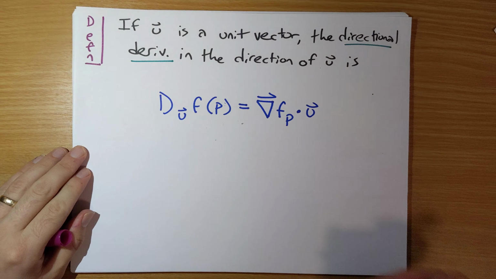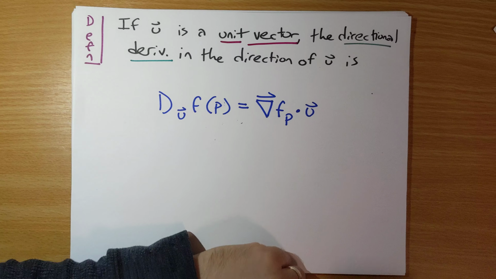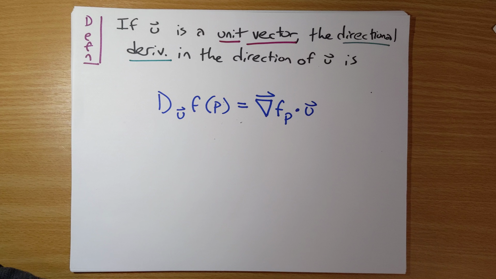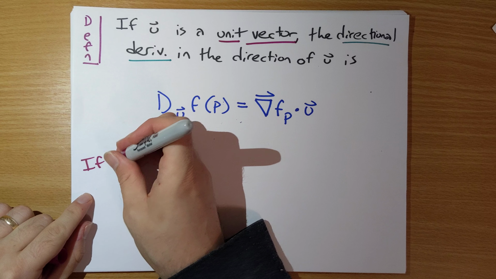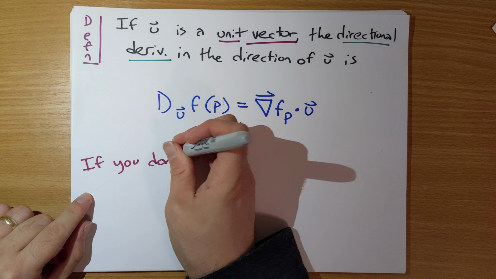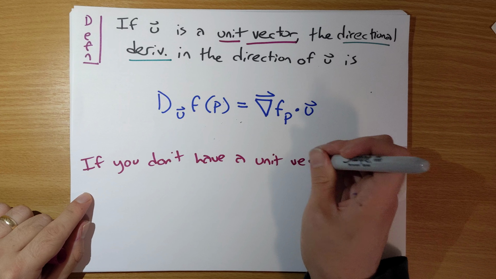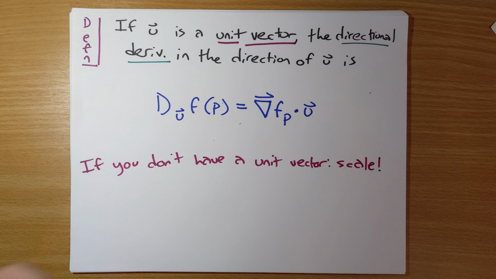Let me highlight two things here. First is that u has to be a unit vector. So the directional derivative is defined in such a way that u is a unit vector. If you don't have a unit vector, you just have to scale it.